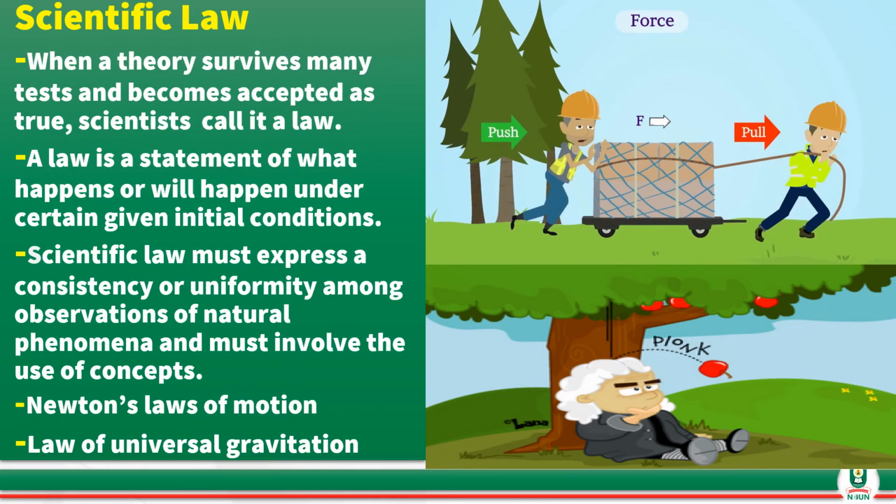Look at what we mean by scientific law. When a theory survives many tests and becomes accepted as true in the community of scientists, then scientists call it a law. So theories pass into scientific law. A law is a statement of what happens or what will happen under certain given initial conditions. A scientific law must express a consistency or uniformity among observations of natural phenomena and must involve the use of concepts.